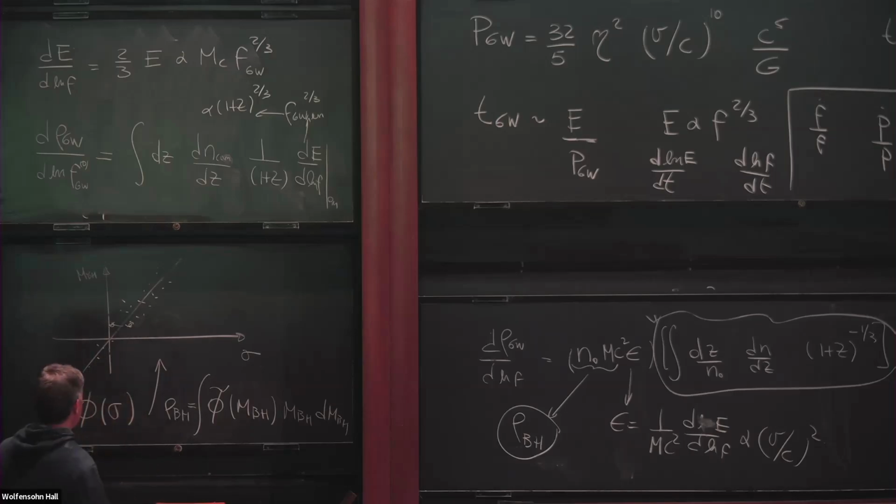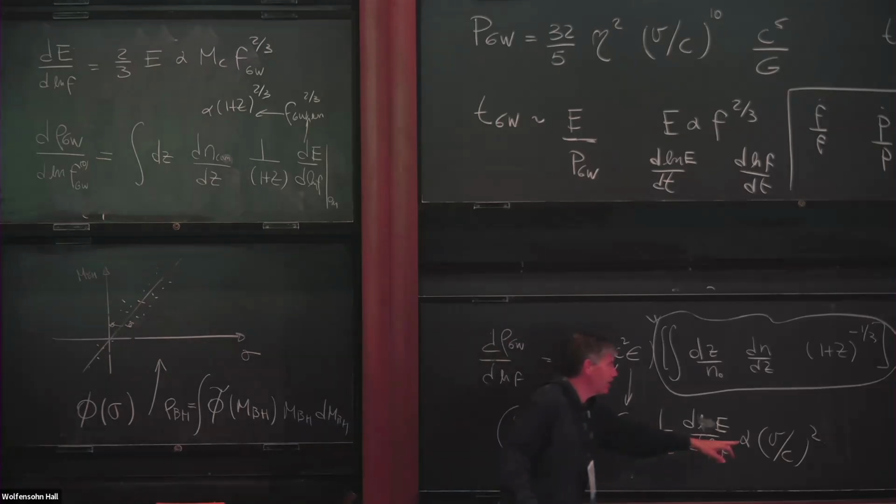What I was going to say, you can do this exercise, and it is better because if you count galaxies as a function of velocity dispersion and you know what mass of the black holes they have, you also know not just rho of the black holes, but if you know the mass, you can get this efficiency as well.